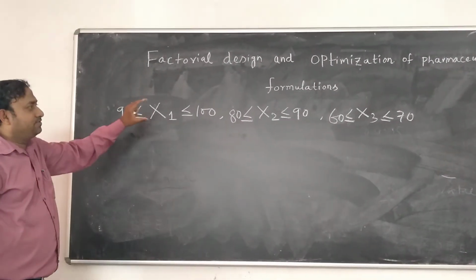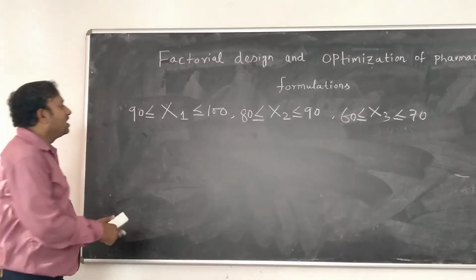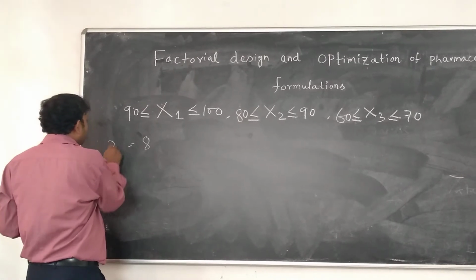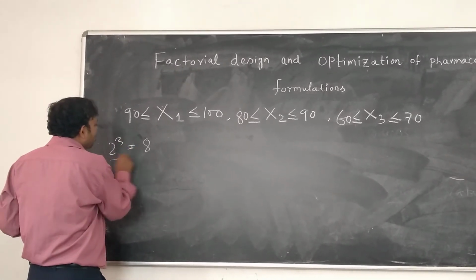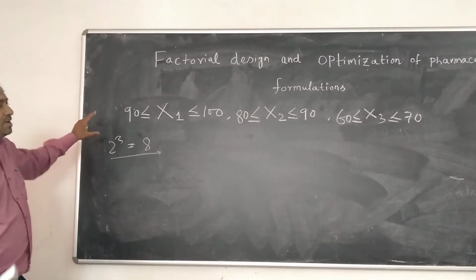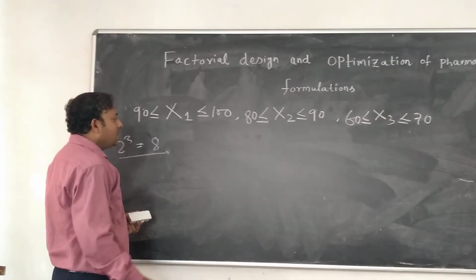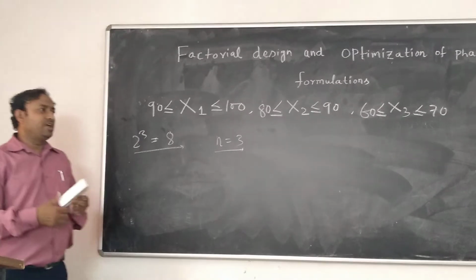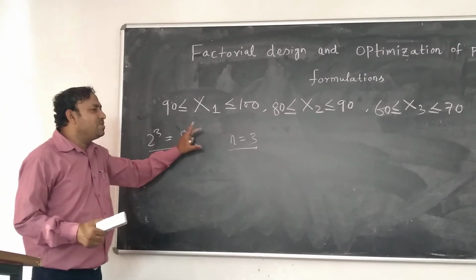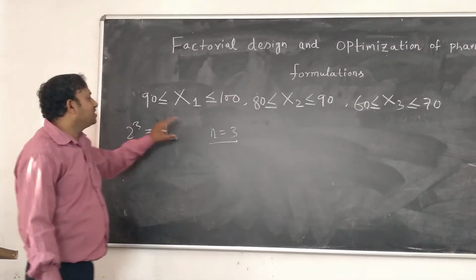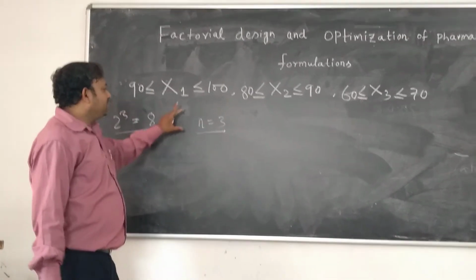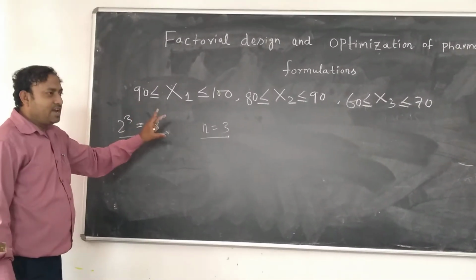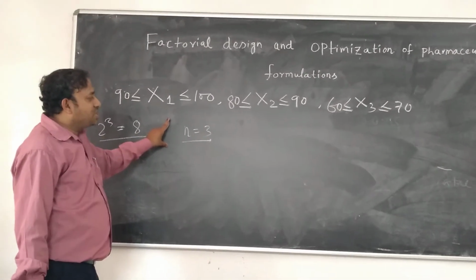After choosing these three factors, we produce the 8 formulations. Not just one set of 8 formulations, but sets in triplicate, so n should be 3. After producing these sets, we go for the practical considerations.